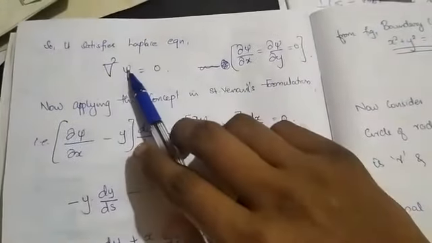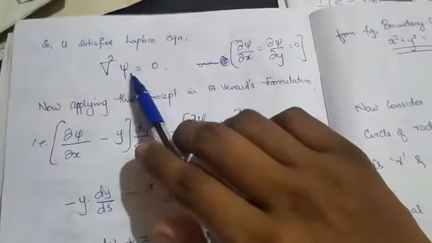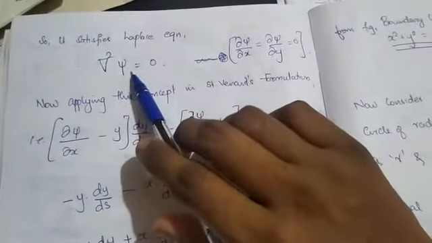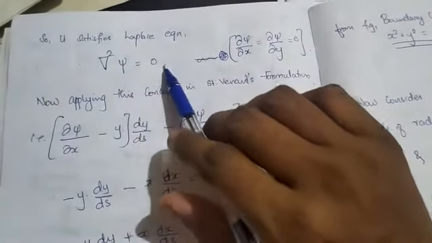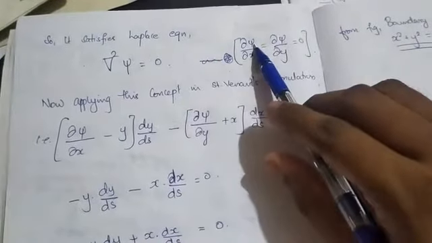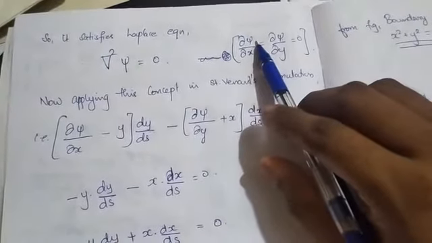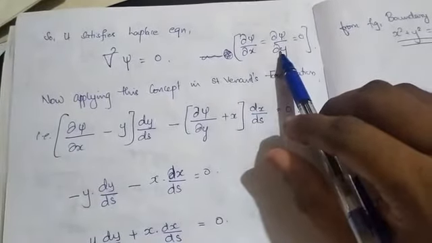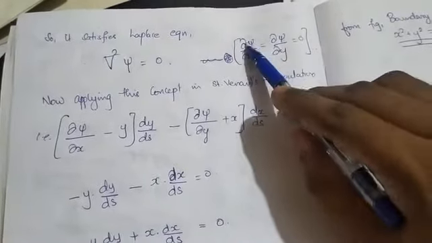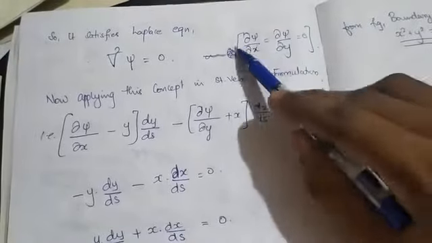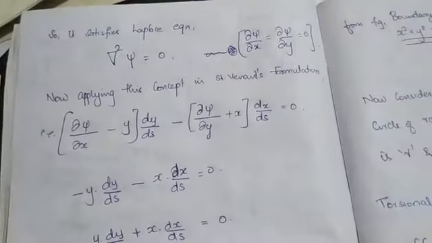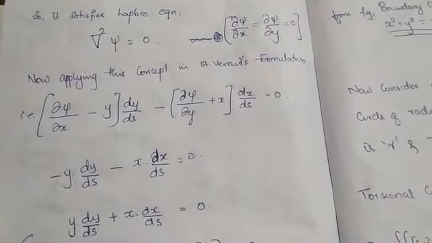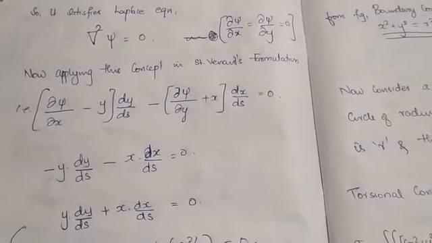Similarly, this psi, in order to satisfy the Laplace equation, del square psi is equal to 0. The change of the warping function with respect to x and with respect to y will be 0, because this is a constant.